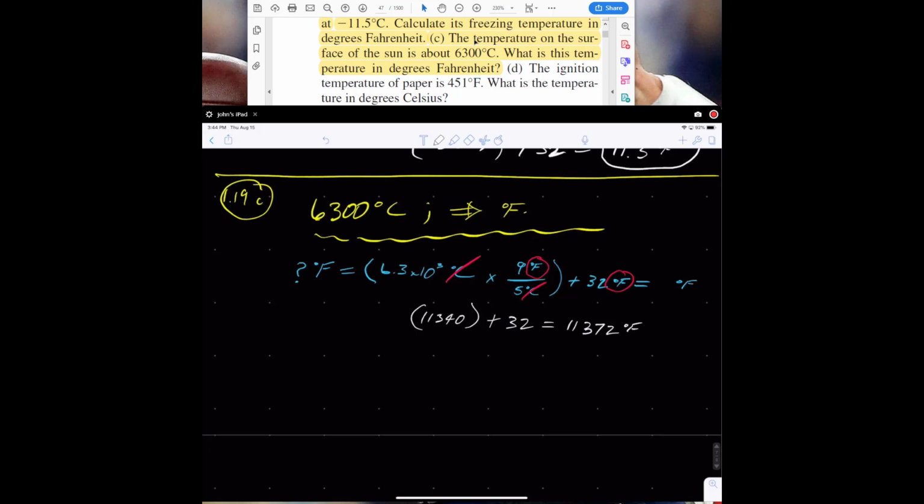And we need to state the importance of this here. We always got to make sure that we're reporting our answer to the appropriate number of sig figs. This answer right here, 11,372, is 5 sig figs. That's more sig figs than we started with, because we look at this starting number that we're given, 6,300.